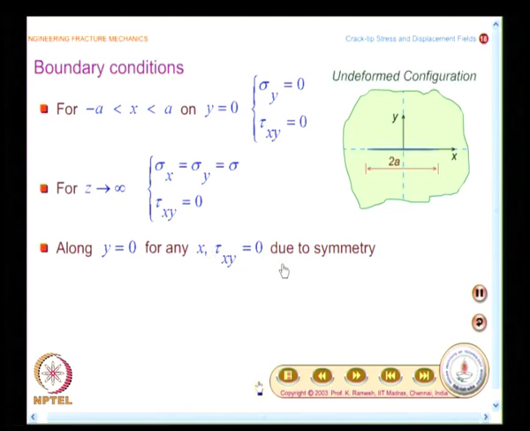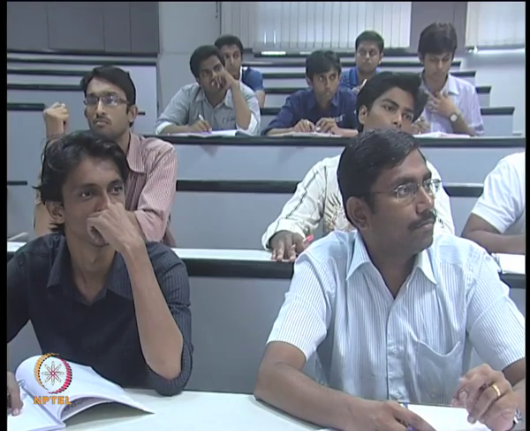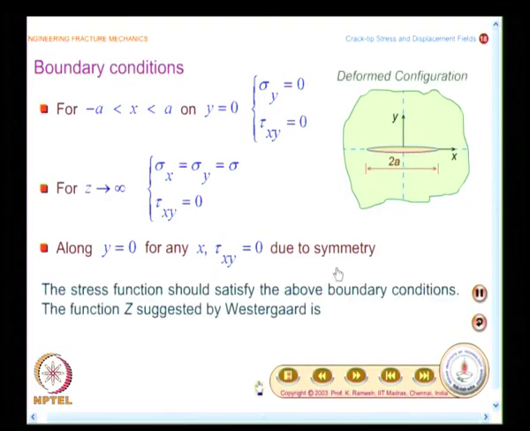In fact, he solved a set of problems, about 8 or 9 in one single paper. He solved conventional problems as well as problems involving cracks, problems involving single crack as well as multiple cracks. And what is the kind of stress function that he had proposed for the case of a central crack in an infinite strip?